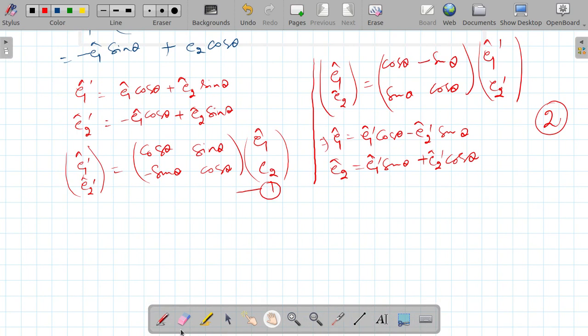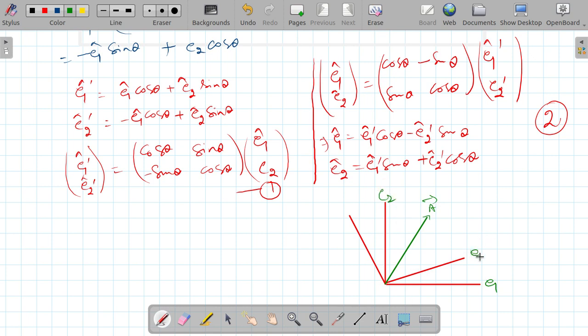Also, another thing which we know is that a vector remains invariant. Say it is a vector A. This is E1, this is E2, this is E1 prime and this is E2 prime, making an angle theta.